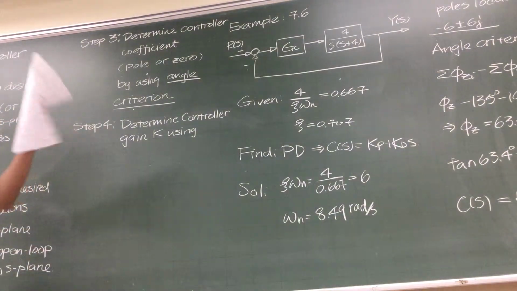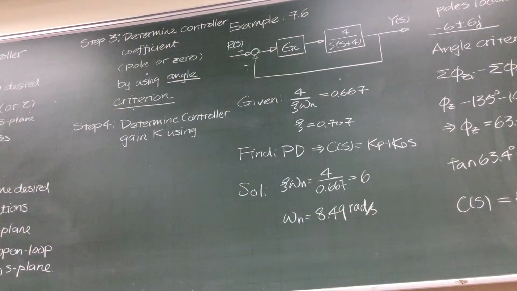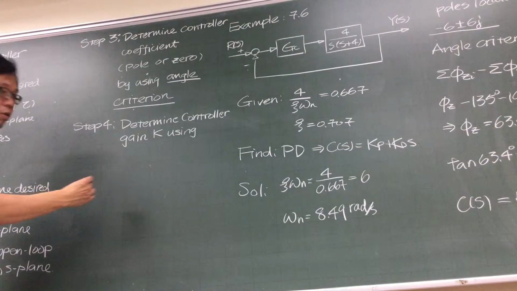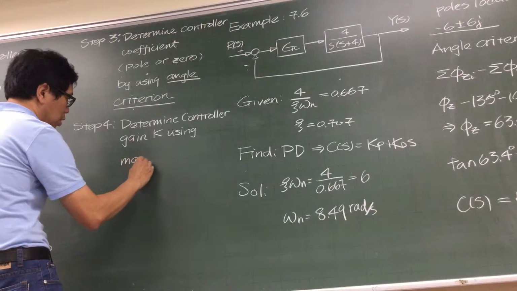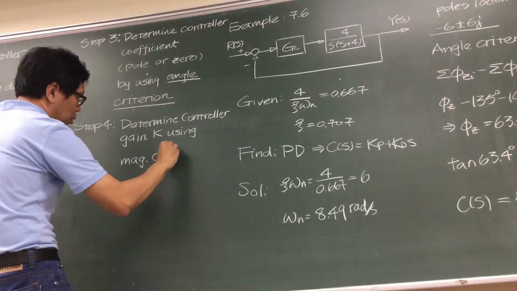We have used the angle criterion, so what is the other one we need to use? We talked about two different criteria, angle as well as the magnitude criterion. Very good.